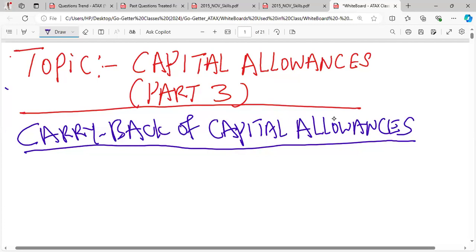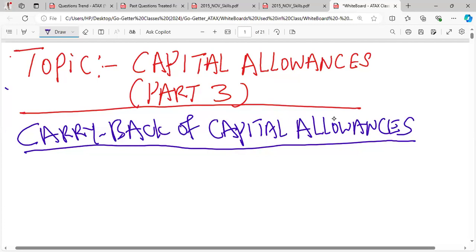Now, what it means here is that if this is 2024, you need to take it backward to 2023, 2022, 2021, 2020, and 2019. That's the last.